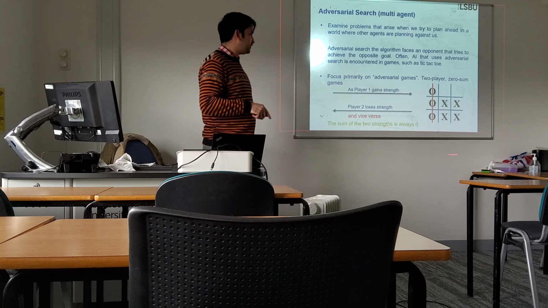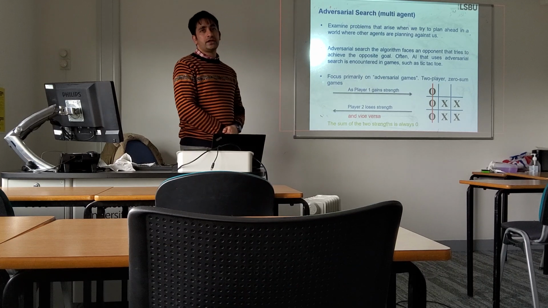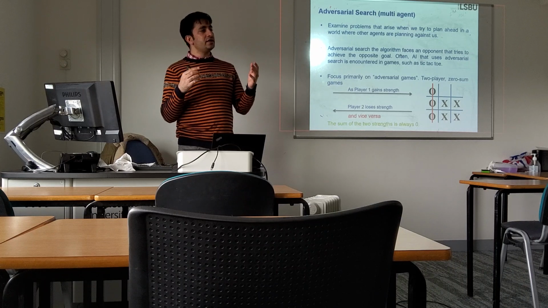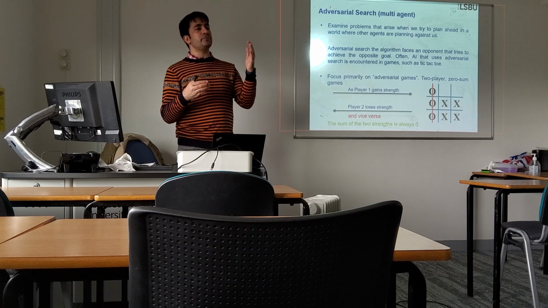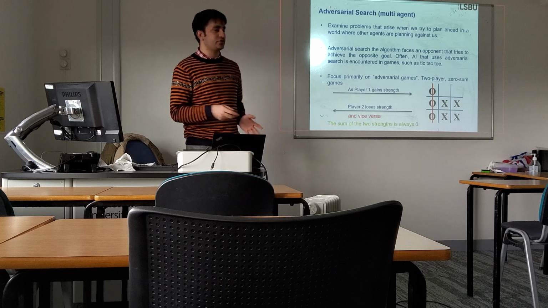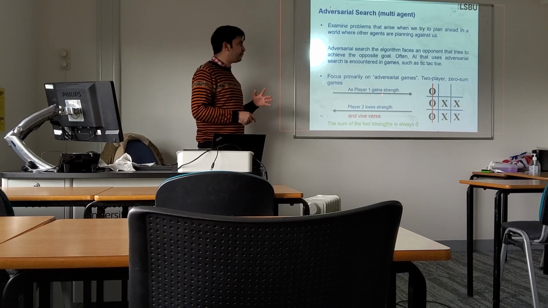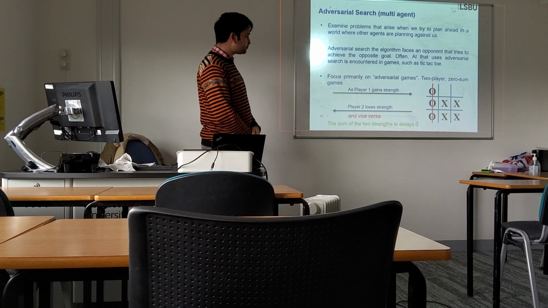Take the famous example, the tic-tac-toe game. In this case, one will be trying to win, but at the same time, if he's winning, he is making the other one lose, and the same goes for the other. So one player gains strength, the other player loses it, and vice versa.